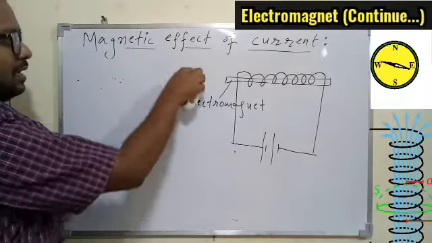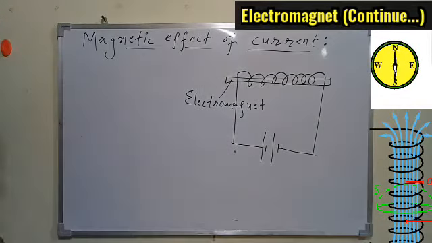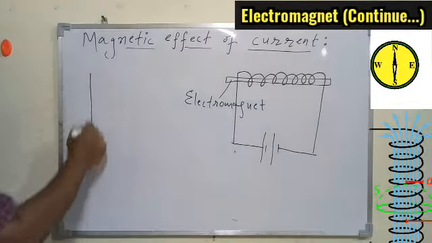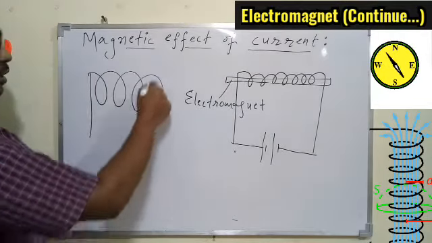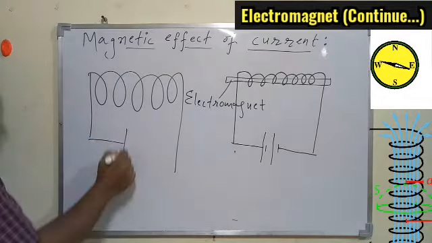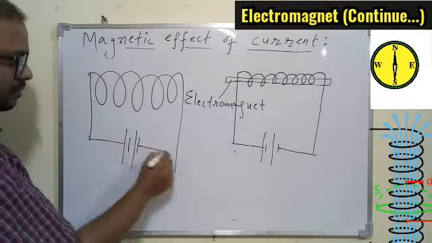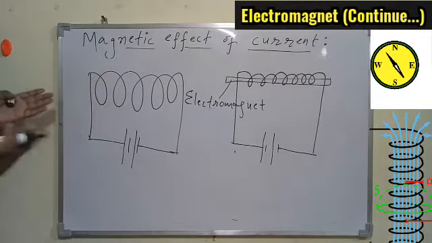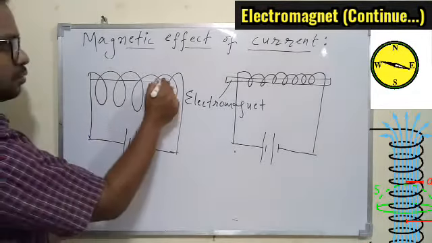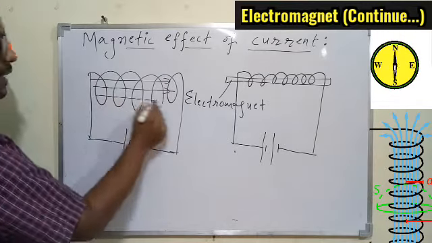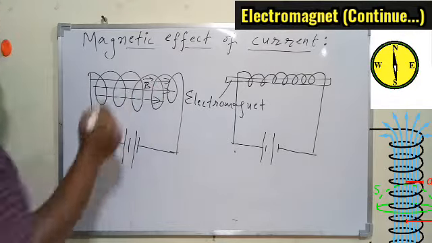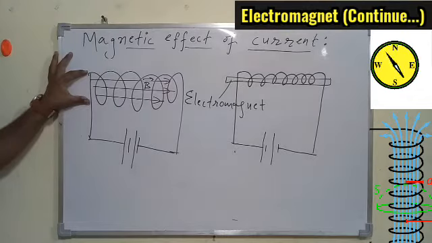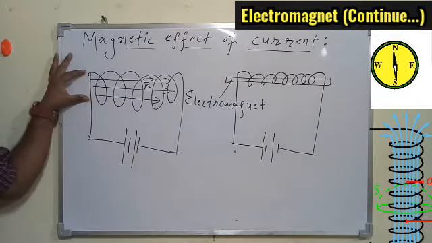Okay, so the same thing is happening here also in the case of an electromagnet, because we know if we have a solenoid and it is connected with the power supply, what will happen here? This coil will get magnetized, so this will behave as a magnet, and within this we have magnetic field lines. So you know, within this coil we have the magnetic field lines parallel to each other, and the magnetic field is uniform, that is constant, and the strength is also maximum.